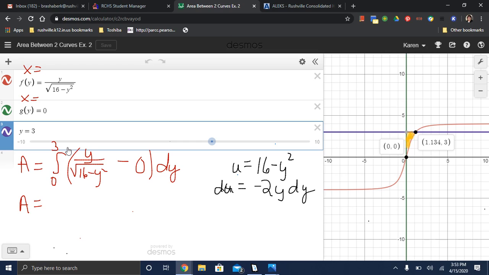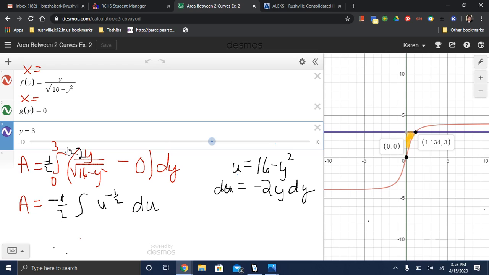And so as we get this set up, we'll need to put a negative 2 here and a negative 1/2 on the outside so that we get our negative 2y dy. So this is going to become negative 1/2 times the integral. And we're going to have 1 over the square root of u. So we could write that as u to the negative 1/2 du.